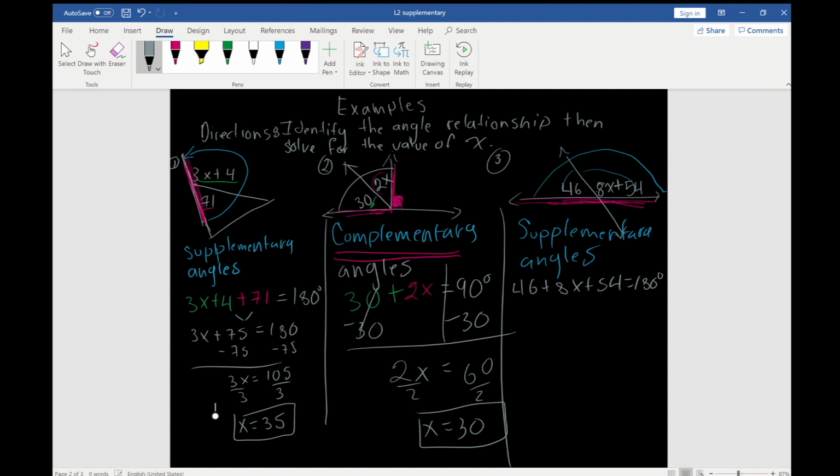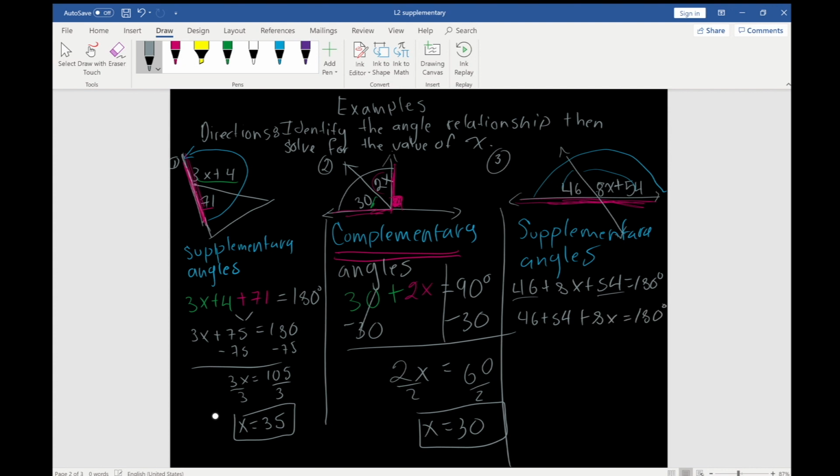Now, I gave an example like this in the last lesson that we had, but basically what you have to do here to solve it is combine like terms first. So I want to combine numbers with numbers, so that'll be this number and this number, and then variables with variables. In this case, I don't have any more variables other than the 8x. So therefore, I don't have to worry about doing that. So putting 46 plus 54 plus 8x is equal to 180.